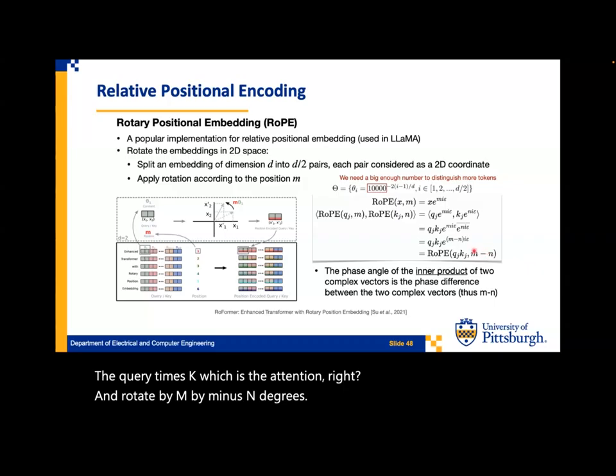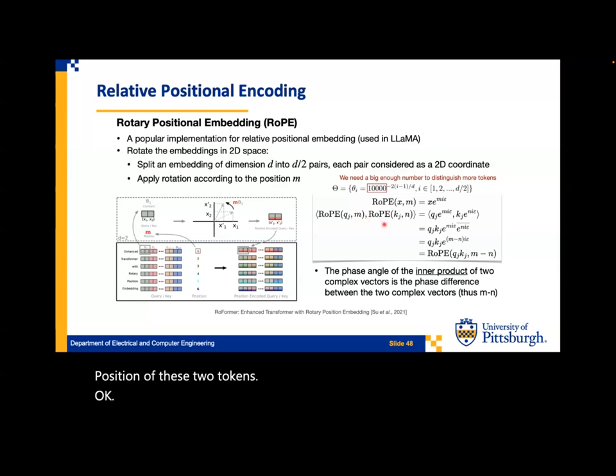And this m minus n gives you the relative position of these two tokens.